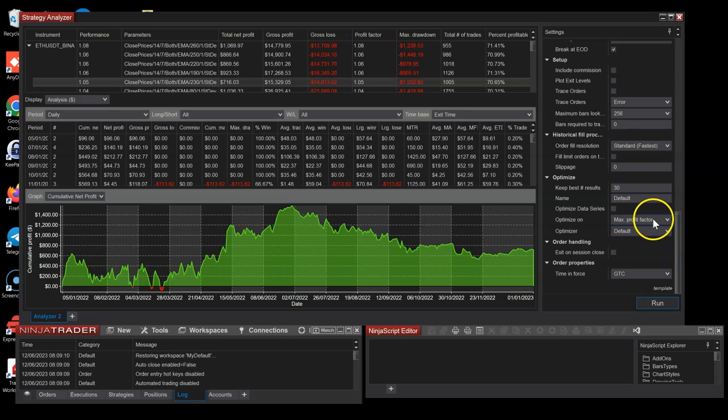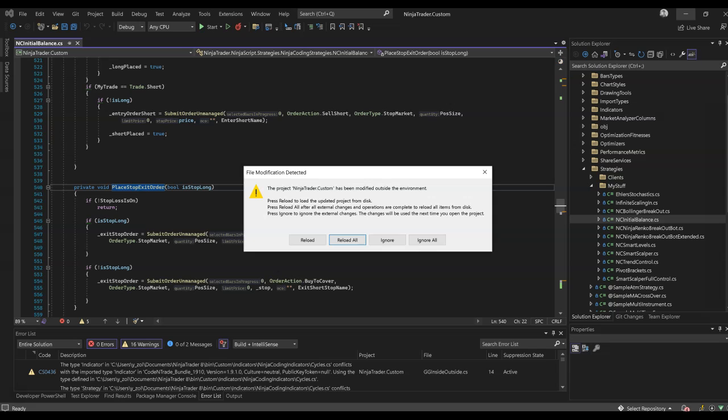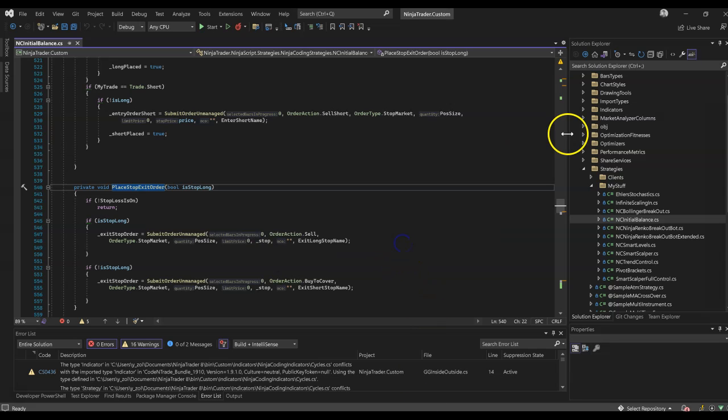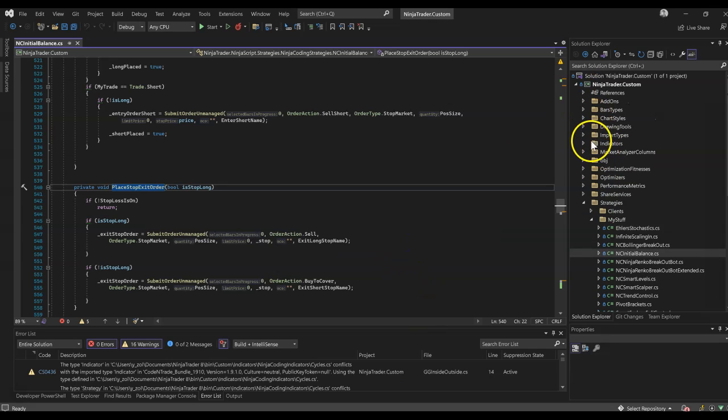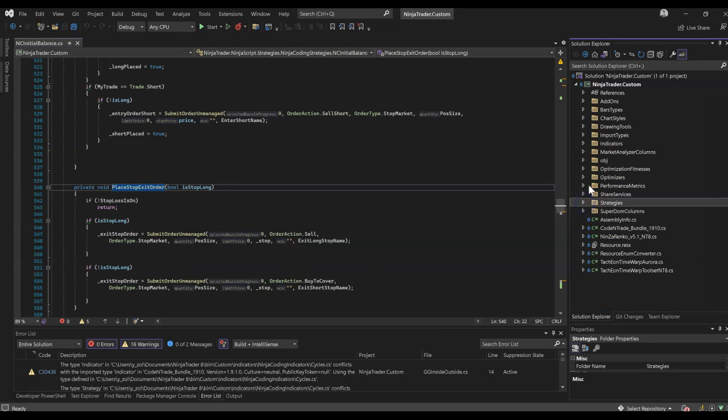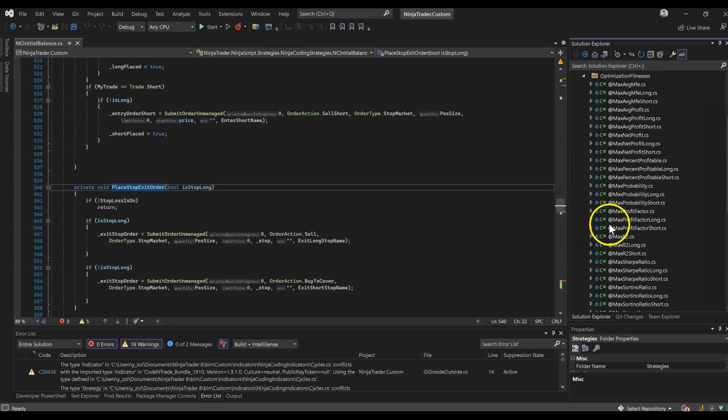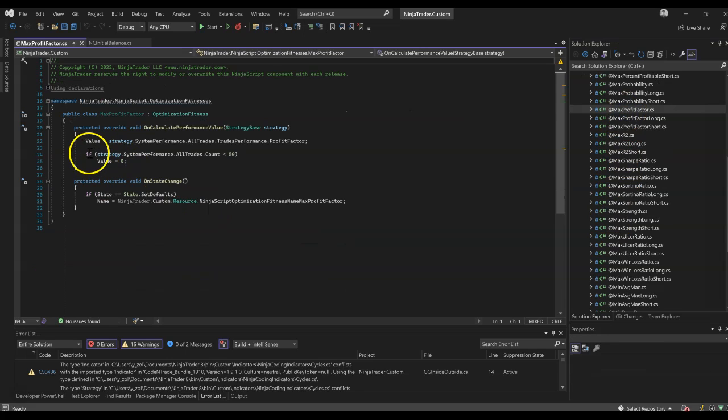So the next thing we could try. Now we're actually maximizing the profit factor. And what I also want to show you is that when I optimize the profit factor inside my performance matrix, optimization fitness, maximum profit factor, I don't want to even look at anything below 50 trades.